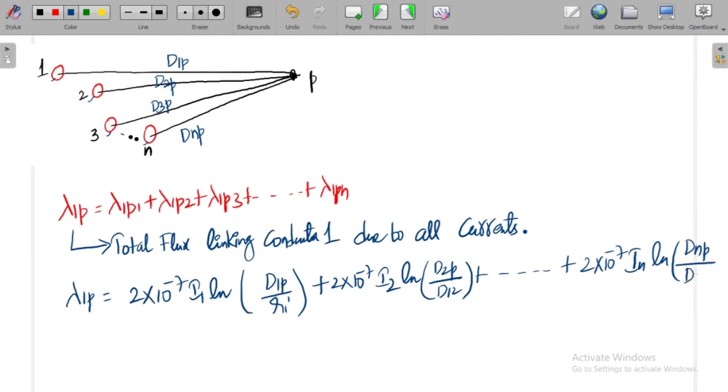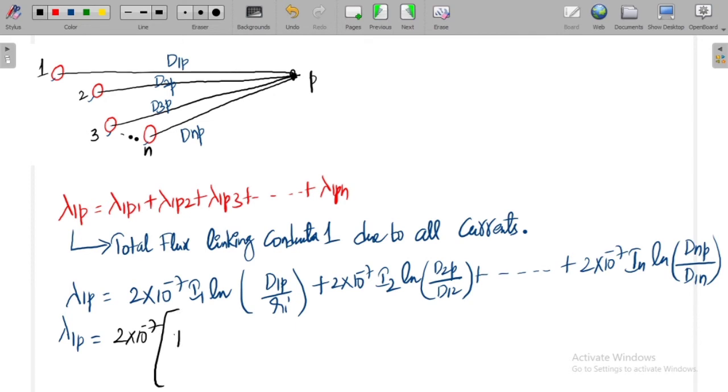What is the distance from 1 to n? d1n. So this is the total flux linkage with the conductor 1, which is existing up to the point P, right? Now let me do some mathematics in order to get a simplified expression and a generalized expression which will be practically applicable.